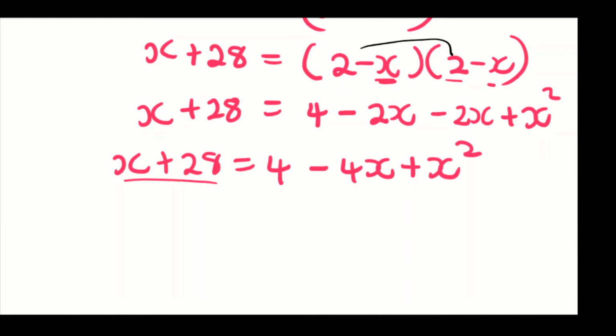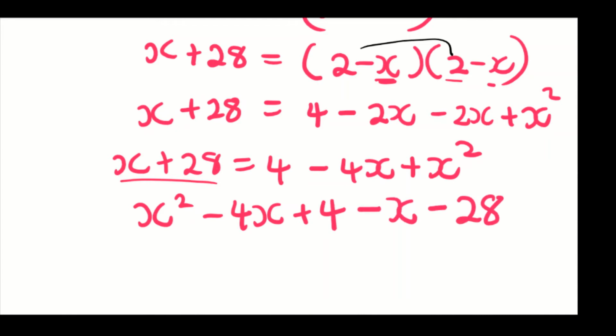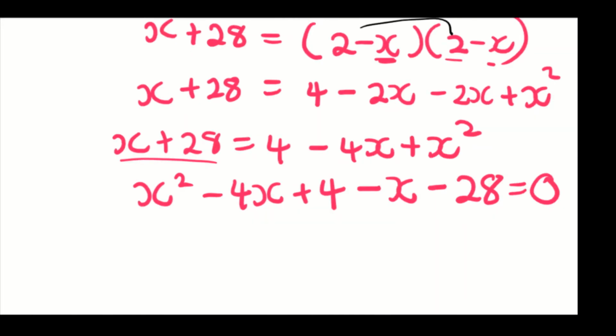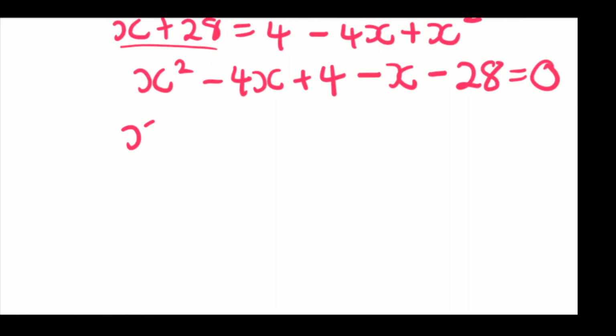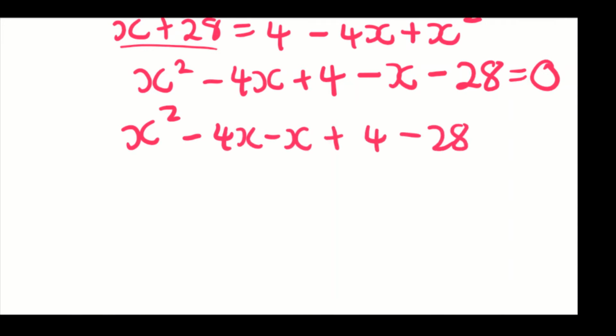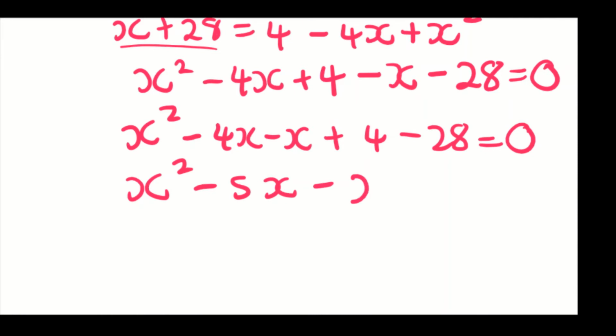So we're going to transpose whatever is on the left hand side to the right hand side. So you're going to have x squared minus 4x plus 4, and then minus x minus 28, is equal to 0, right? So we have x squared minus 4x minus x plus 4 minus 28 is equal to 0, and then x squared minus 5x minus 24 is equal to 0, right?